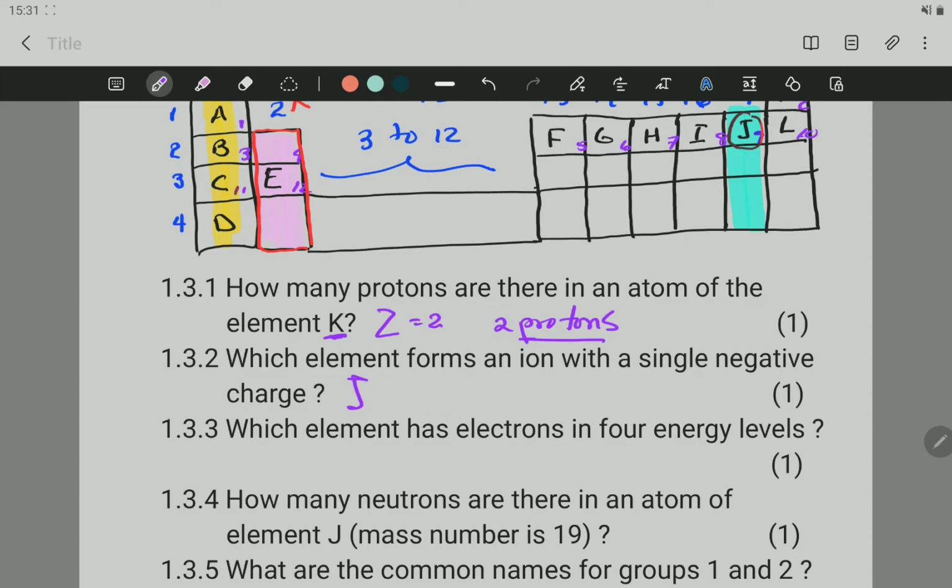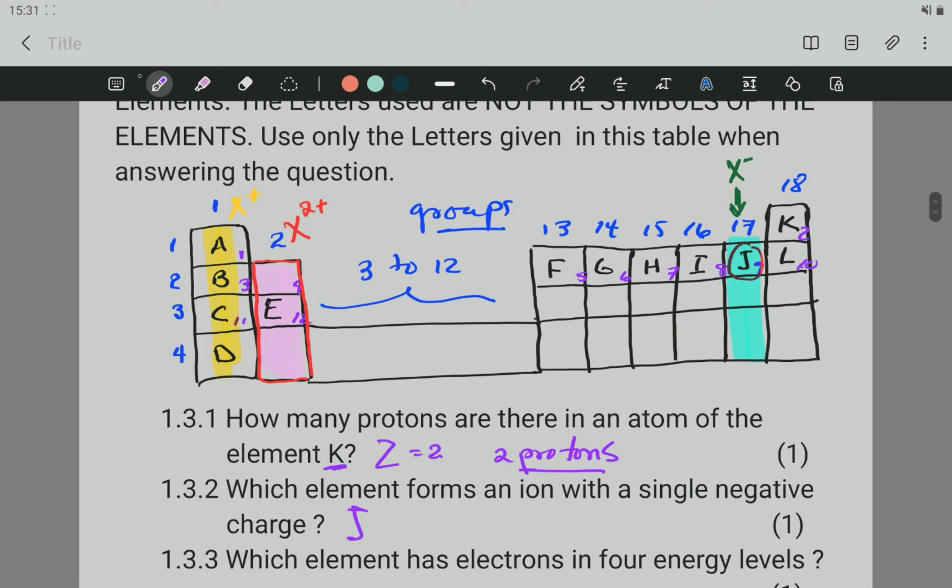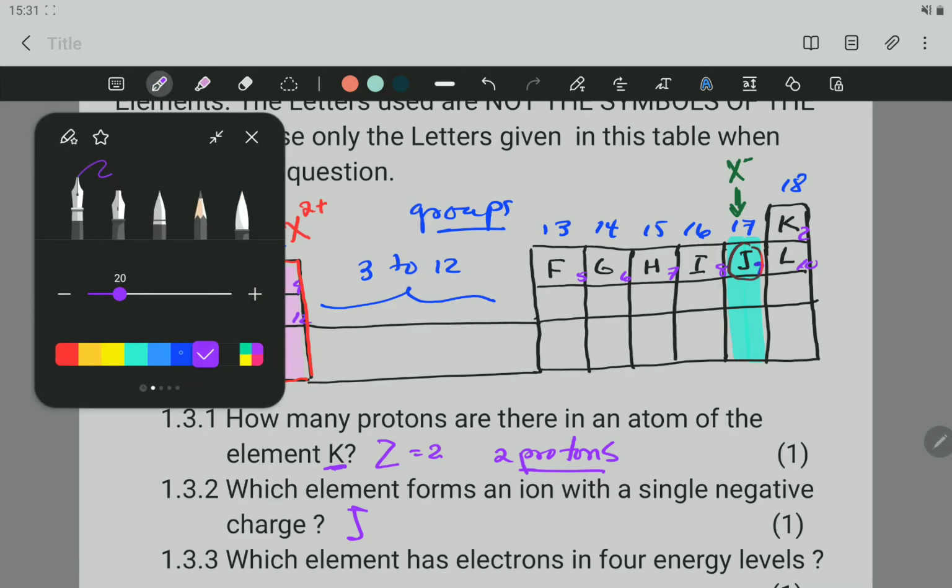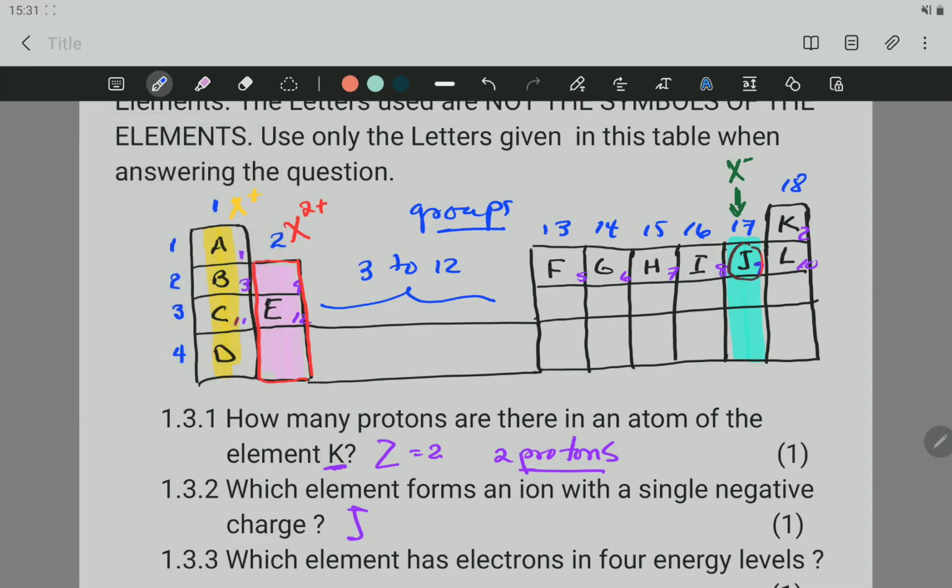Let's go to 1.3.3. Which element has electrons in 4 energy levels? Remember, if you want to know the energy levels, all the atoms in group 1 will finish in 1s. In period 2 will finish in 2s, energy level 2, orbital s.